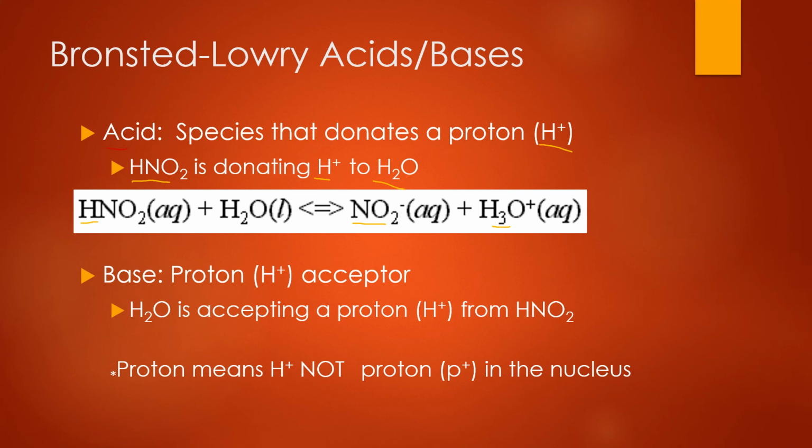The definition of a base for the Bronsted-Lowry definitions is not an OH- or a hydroxide formation, but an H+ acceptor. So in the same example above, water, H2O, is a base because it accepted a proton, it accepted that H+ from the acid in the equation.